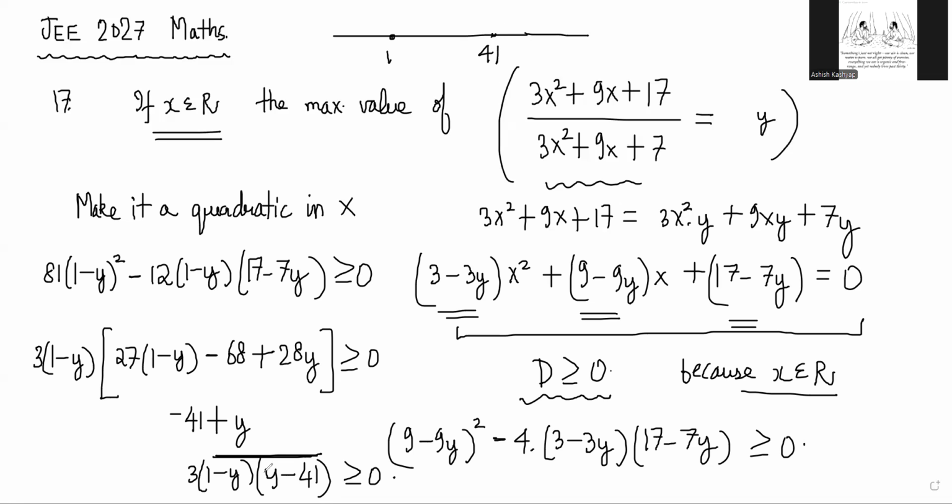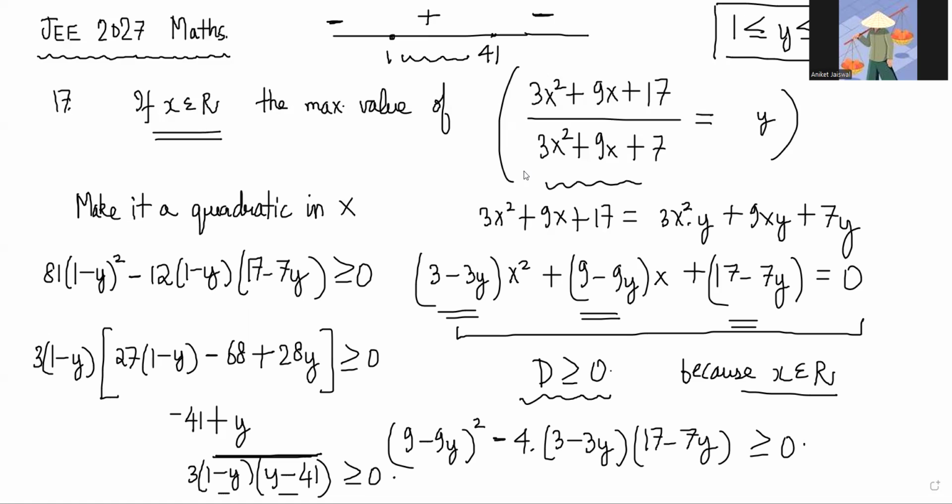If y is bigger than 41, this is positive but the other factor is negative, so there is negative here, positive in the middle and negative here. So we can see clearly that y has to be between 1 and 41. The maximum value is 41. So you get the maximum value of y, or the range of y, which is the range of this expression.